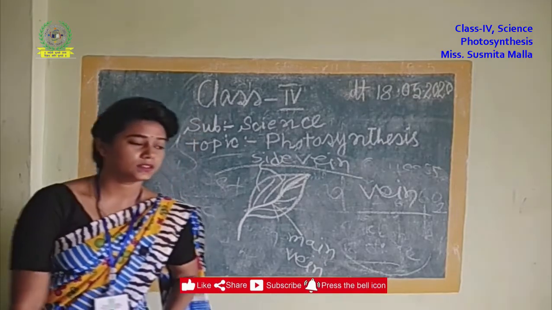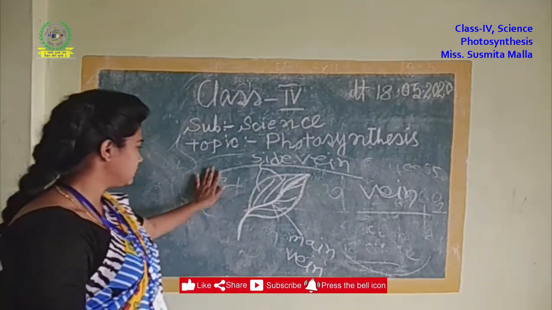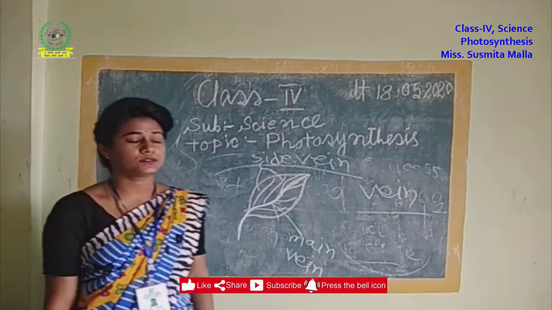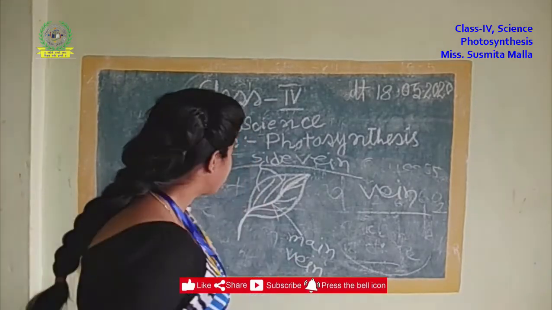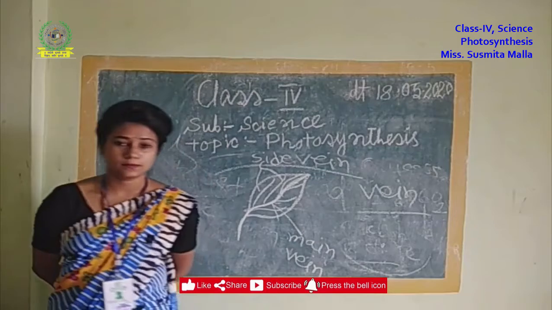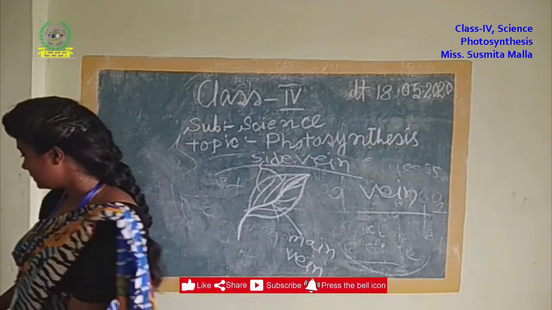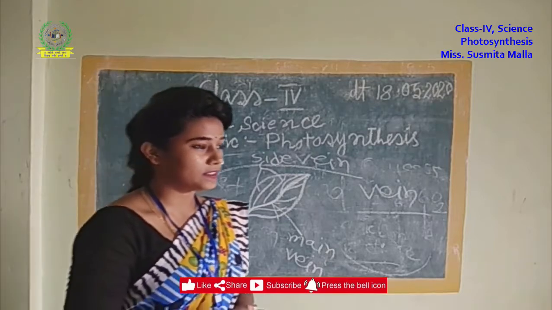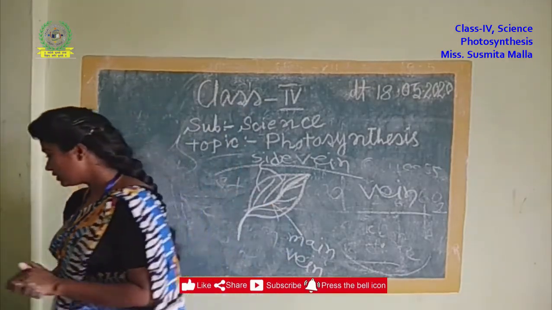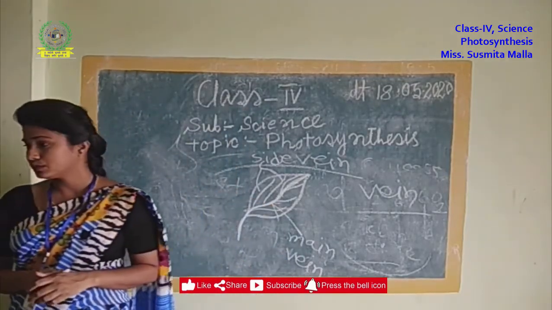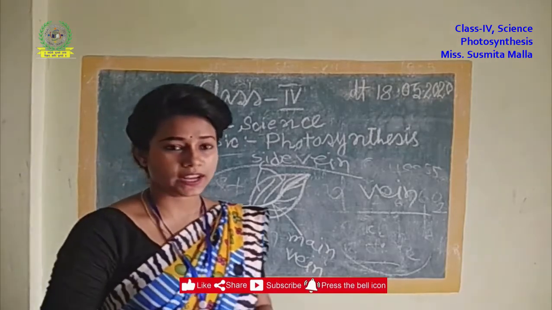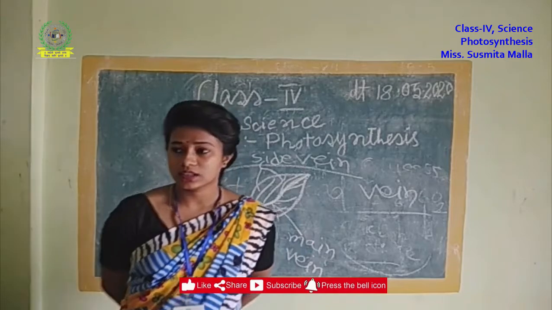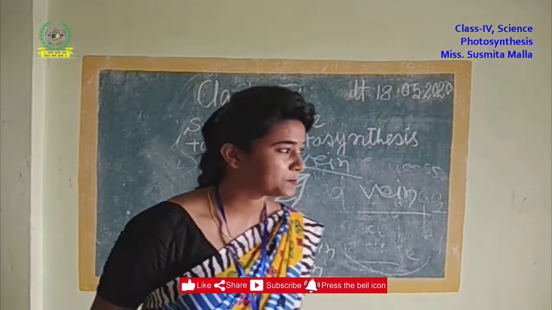So the food made by the photosynthesis process is transported to all the parts of the plant through the stem and veins. This food is utilized by the plant to produce more branches, fruits, flowers, stems, leaves and seeds.